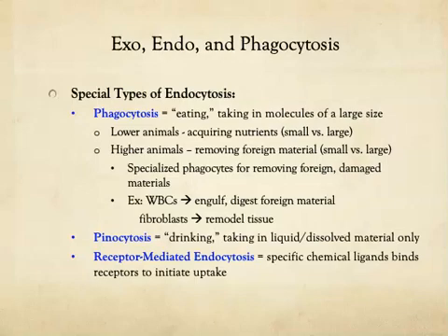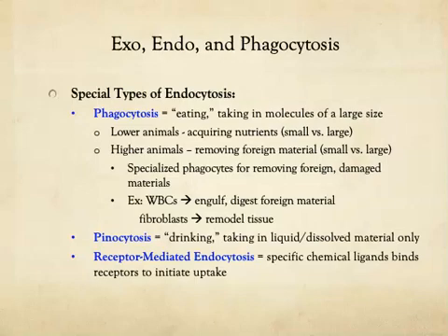If they're bringing in small materials, we would call it endocytosis. If they're bringing in large molecules, we would call it phagocytosis. The same vocabulary applies to higher eukaryotic organisms.